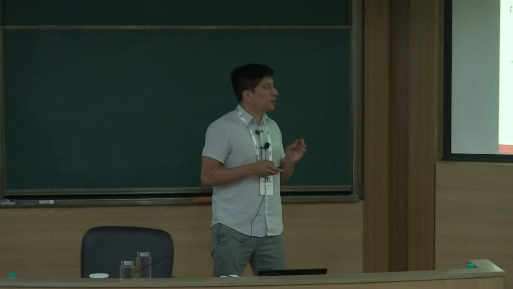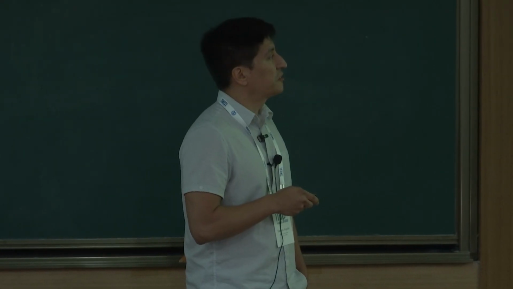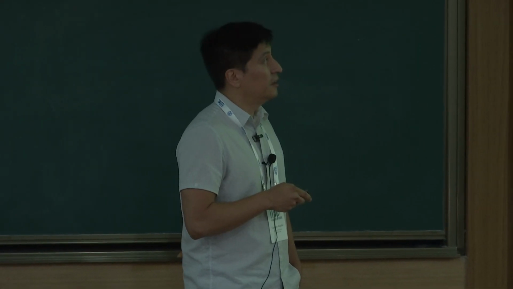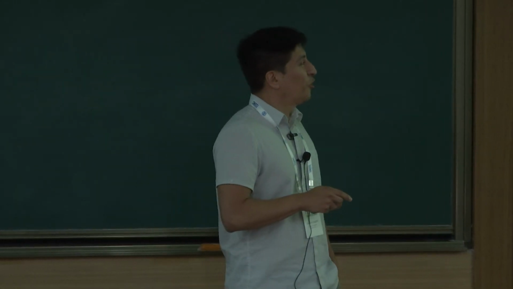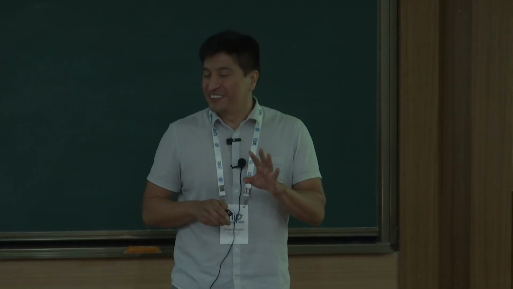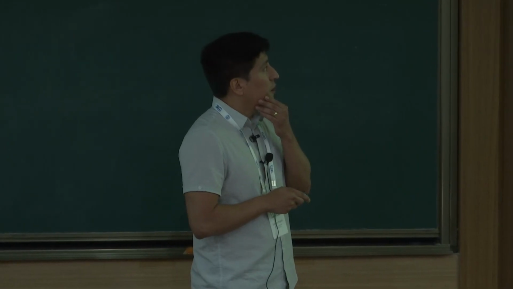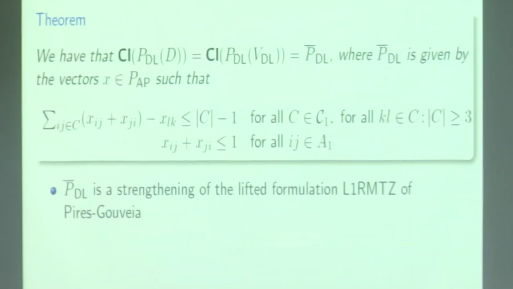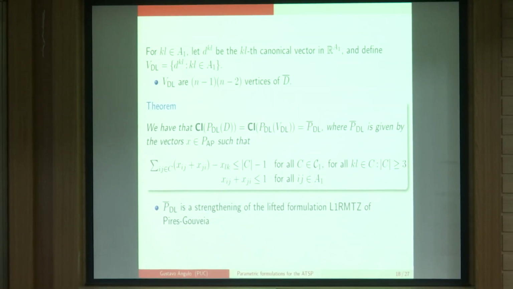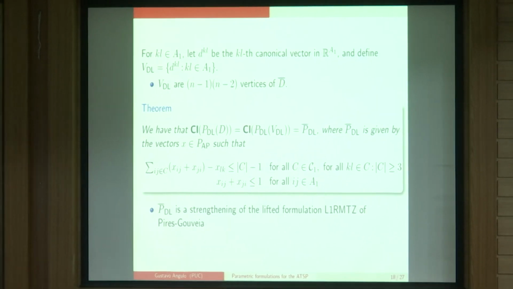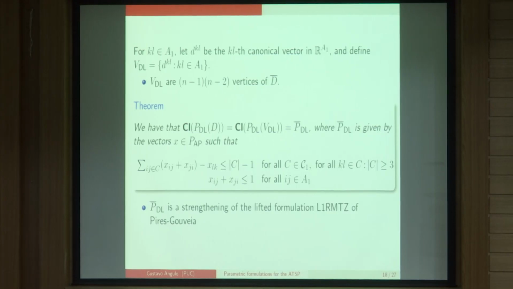Okay, and they get something very similar to this, but instead of subtracting one term, they end up subtracting two terms. That's the difference. So it's almost the same, but it's not. And actually, what happens here is that if, instead of considering these vertices, we consider the vertices from the MTC formulation, then we recover the lifting by Pires and Guedia.